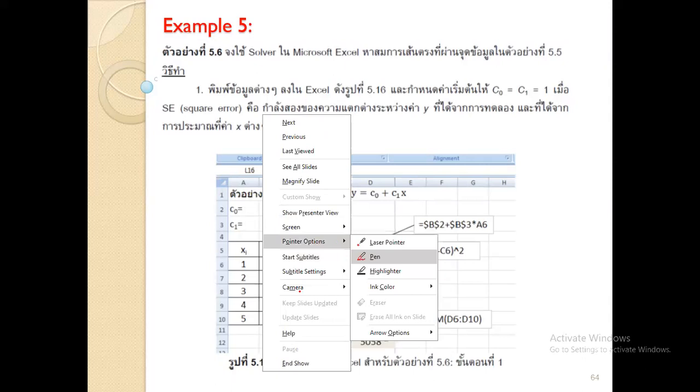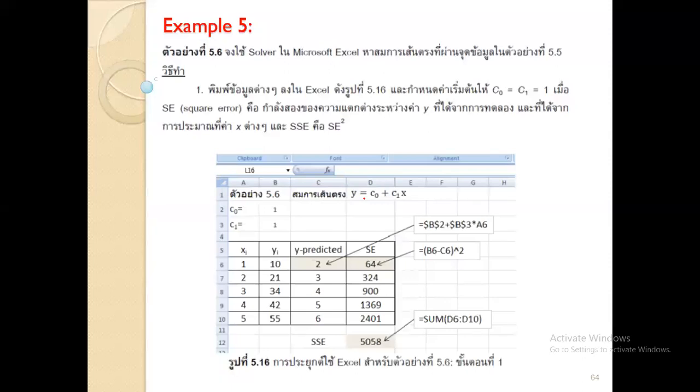How to predict? We have to try out and look for C1 and C0. The Solver is a trial and error technique. The program tries to assume C0 and C1, then calculates Y, and compares Y predict and Y observed until the difference is very low or close to zero.